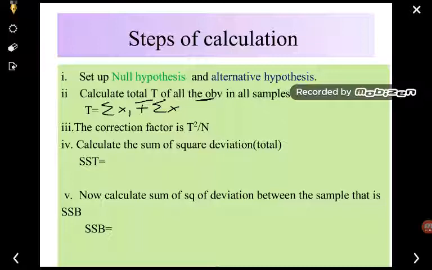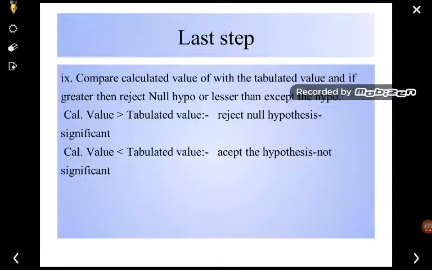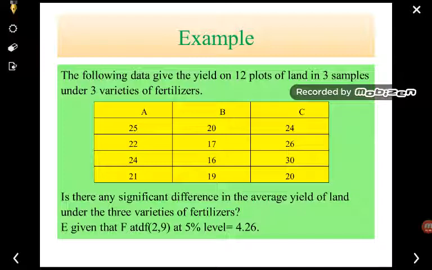That is the summation of all the observations, summing up all the observations of sample A, sample B, and sample C. This is the second step, the calculation of T.